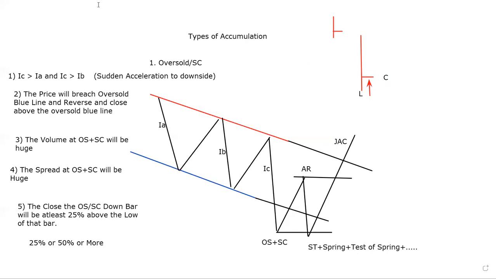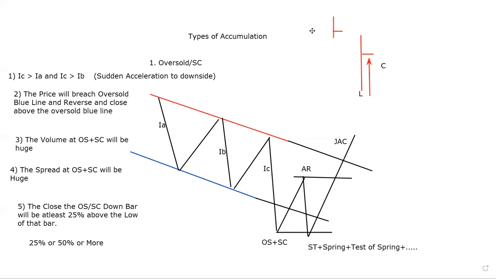So the close is greater than 25% of the low. The bar closes 25% above the low. If you want 50%, then this bar would move to this side. It can also close like this. And more than 50% means it can close like this.